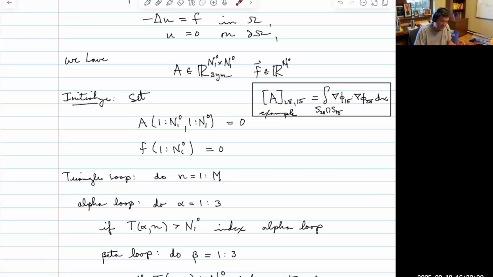Once I do that, I just recognize that node number 15 for the first triangle is going to be related to some local degree of freedom. And 28 is also going to be related to some local degree of freedom. Instead of thinking in this global way, can't I think about these triangles as local entities, and having computed these local stiffness matrix elements already, can't I use those to compute this?